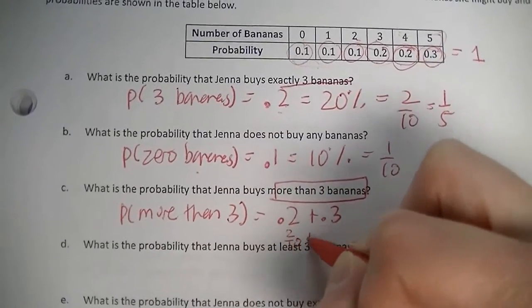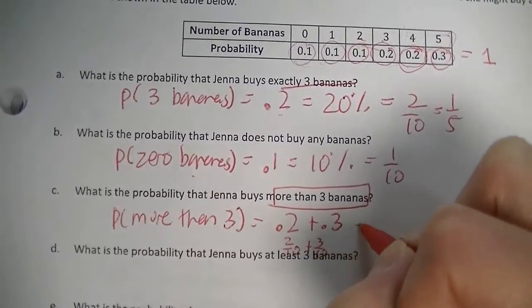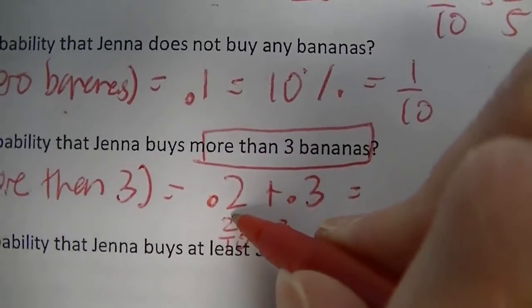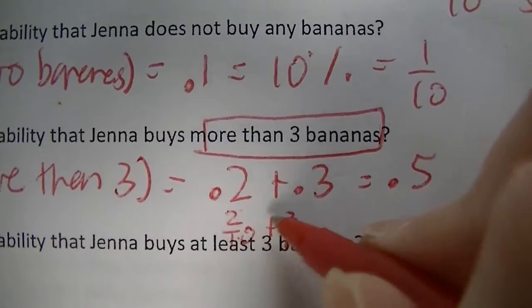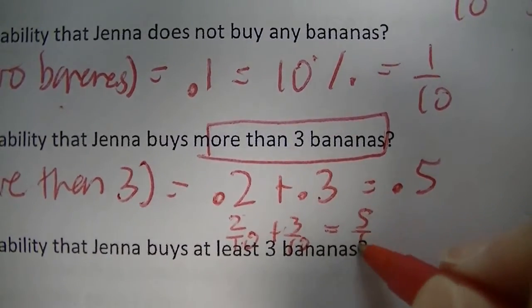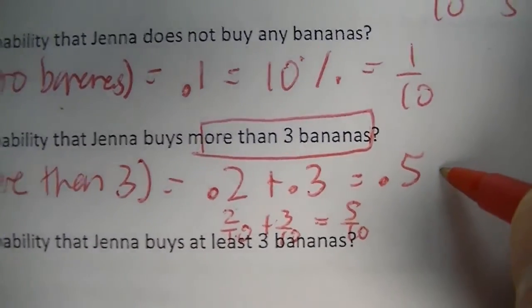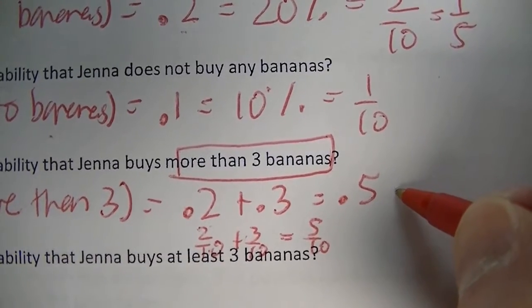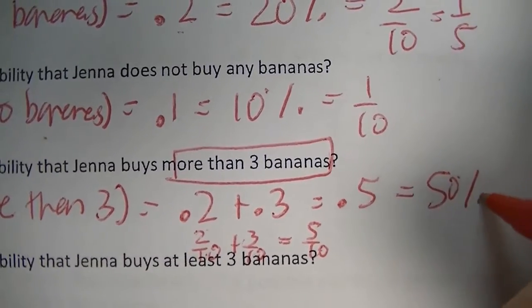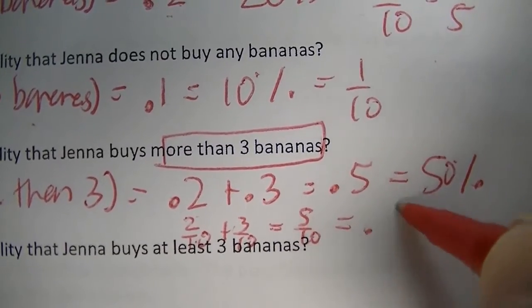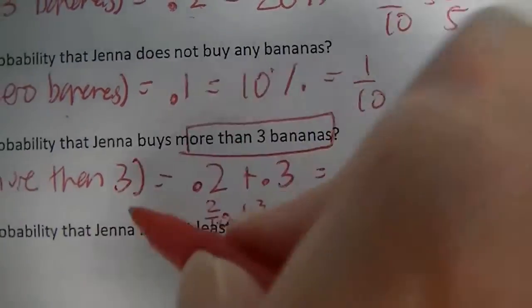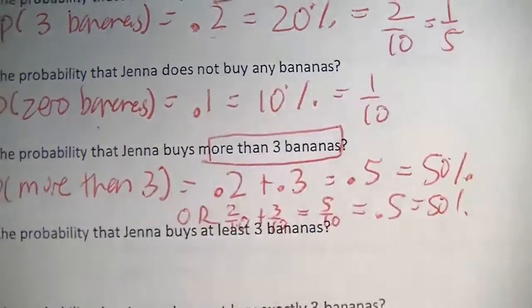As a decimal, 5 divided by 10 is 0.5, which is 50%. So either one of those works, okay?